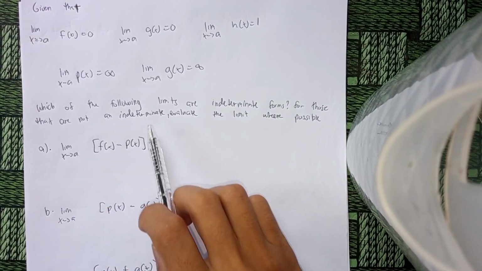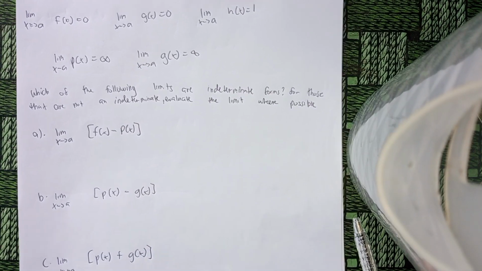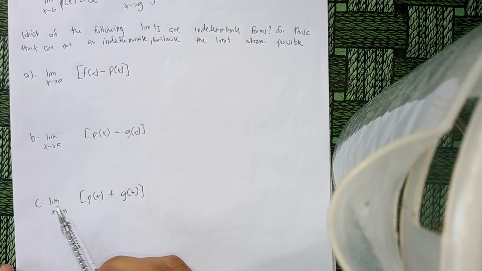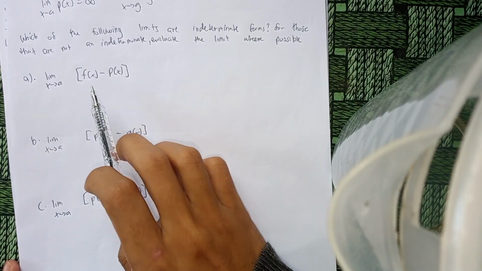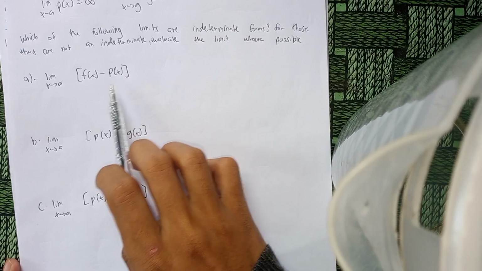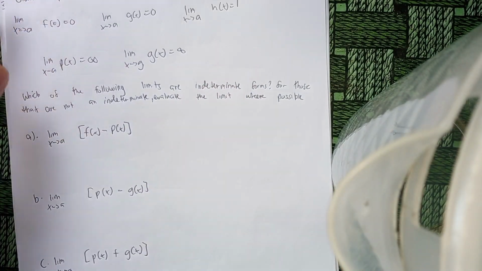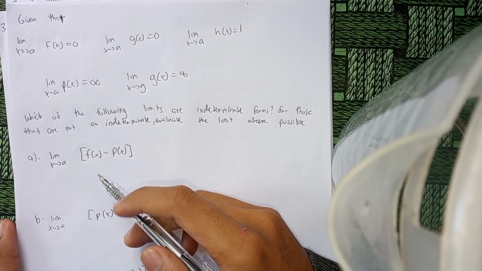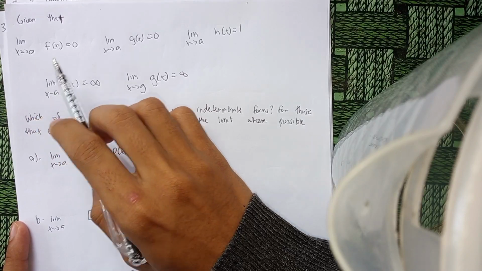For those that are not indeterminate, evaluate the limit where possible. Okay, so we have three problems here. The first problem is the limit of f of x minus p of x as x approaches a. So, our basis here is the given. Let us see what our f of x is. Our f of x as x approaches a is equal to 0.